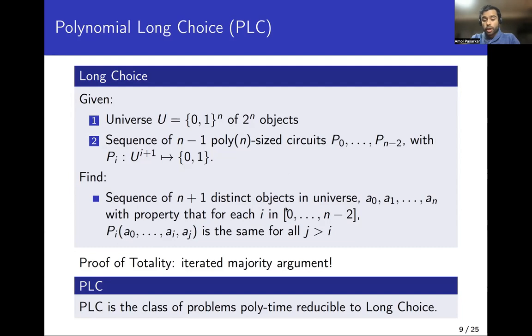Note that the circuit PI takes as input all of player 1's choices up to round I of the game. You can see this by noting that PI, the ith function, takes as input I plus 1 inputs, and the first I of these are the choices that player 1 has made up to this stage of the game. And you note that the circuit PI takes a constant value.